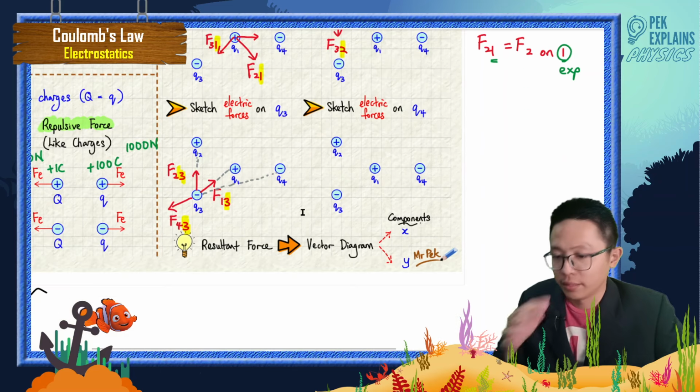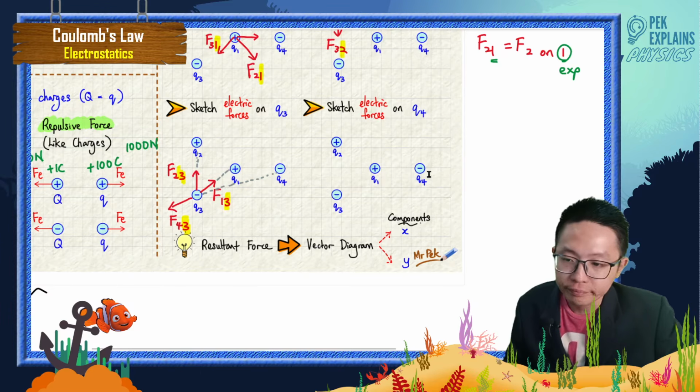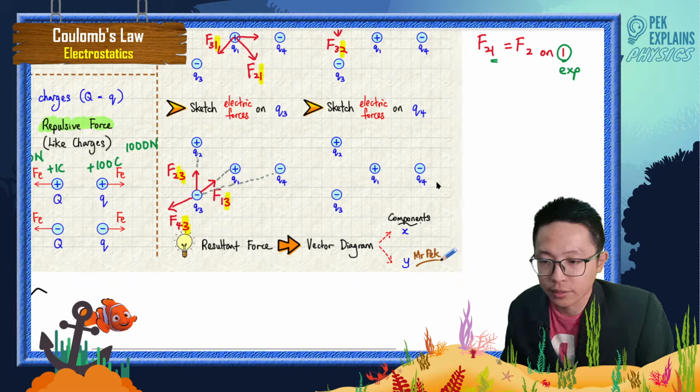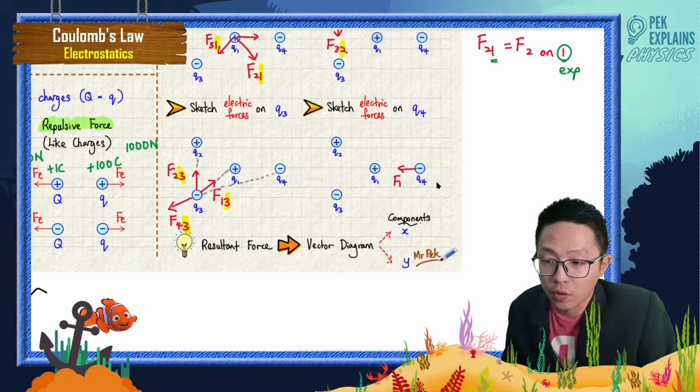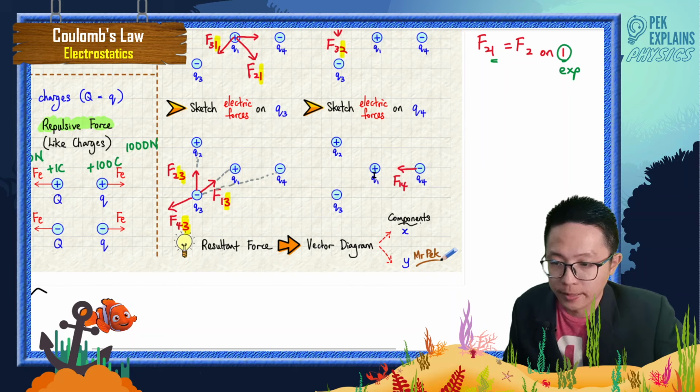Now how about sketching the electric force on 4? So let us draw. Between 1 and 4, opposite sign, different sign, so they attract. So this is F14 or F41. F14, because 4 experiences the force.